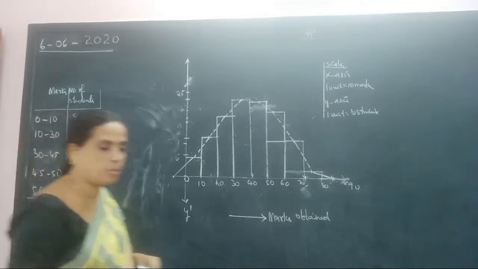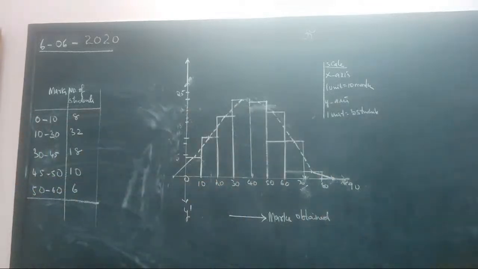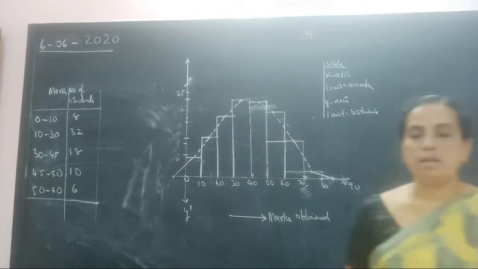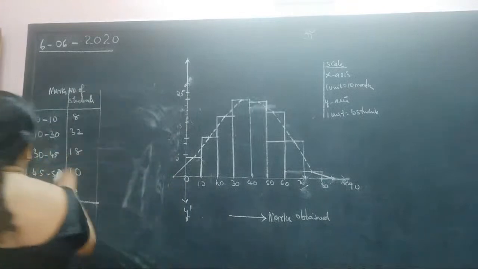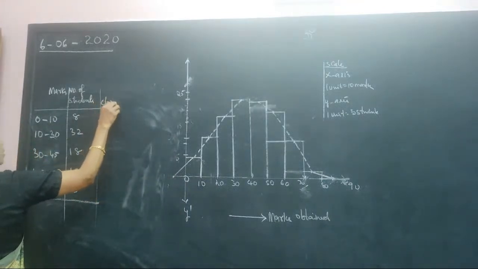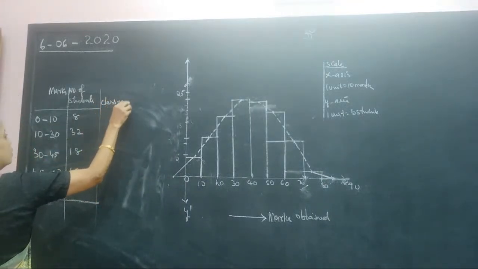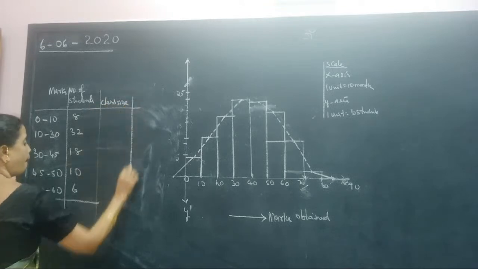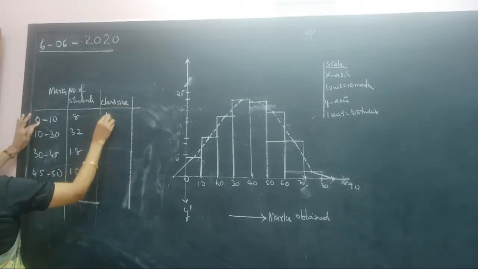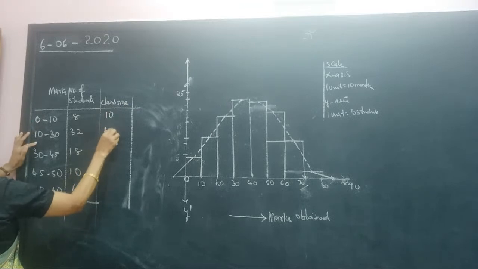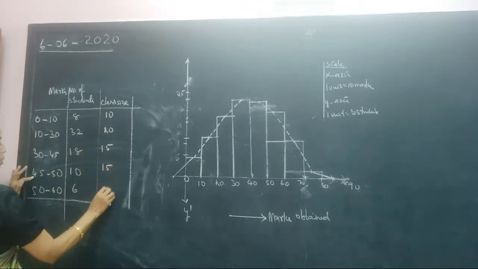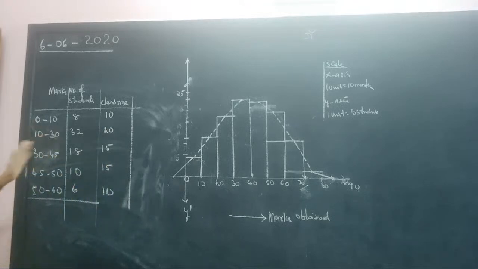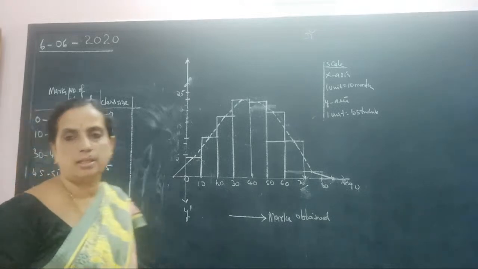Now just observe that in the class intervals, the class sizes are not uniform. The class sizes are 10, then 20, then 15, then 15, then 10. There is a variation in the class size.